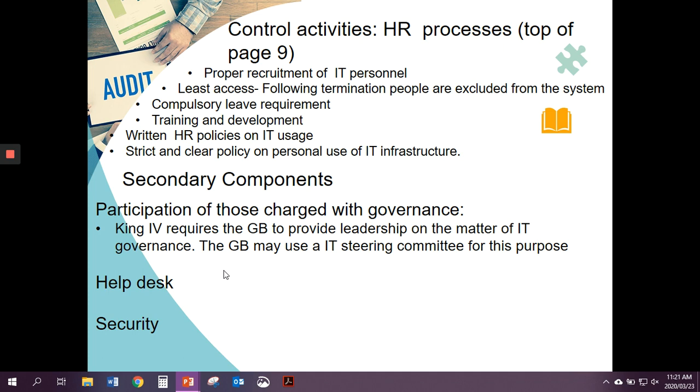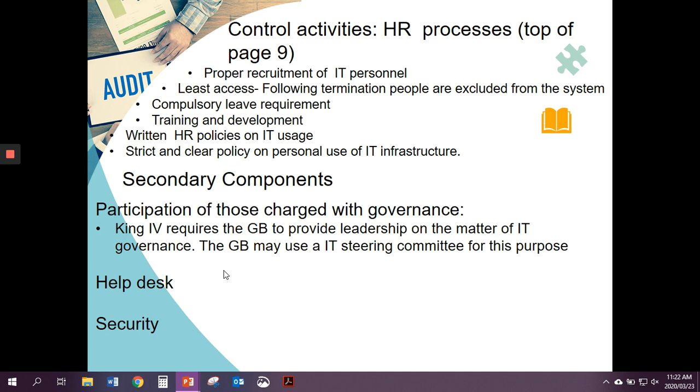One of the things that we want to follow up with and talk about is the HR processes. HR processes are critically important in the IT department because IT is an exceptionally skilled department. There are very, very skilled resources required in the IT department.